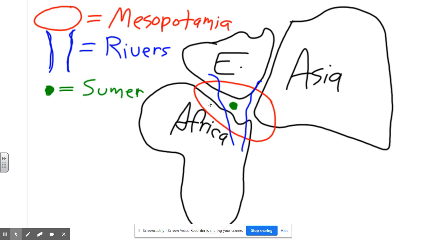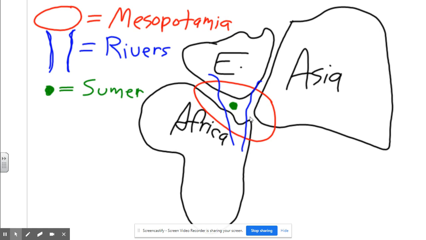Okay. And as far as what the names of them are, which you can definitely write over here on the side or just write on your paper, the one right here is the Tigris River. Okay, it almost sounds like tiger, and it's almost spelled like it's Tigris.